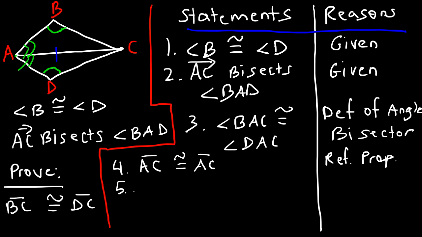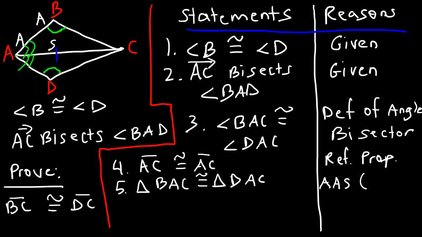Now step 5, we could show that the two triangles are congruent using the angle side theorem. So we could say that triangle BAC is congruent to triangle DAC. And this is based on the angle side postulate.